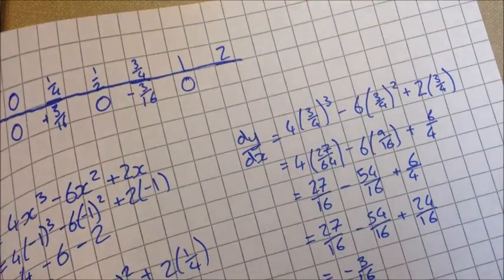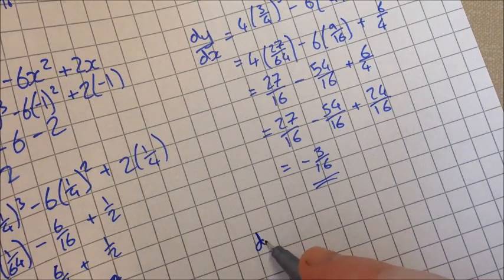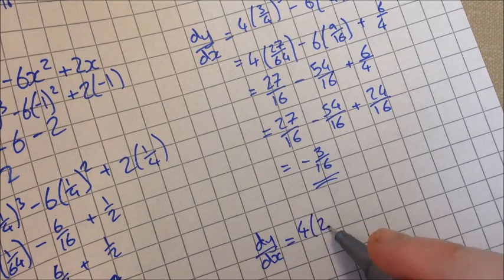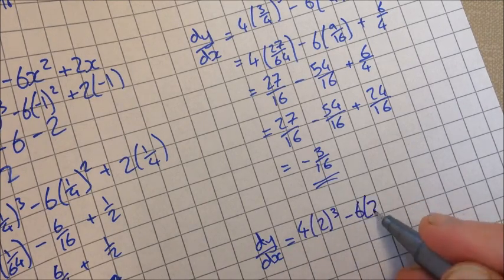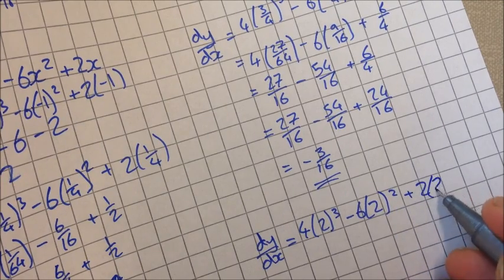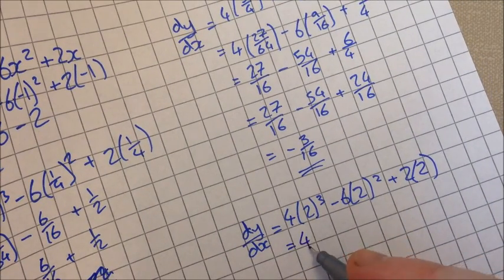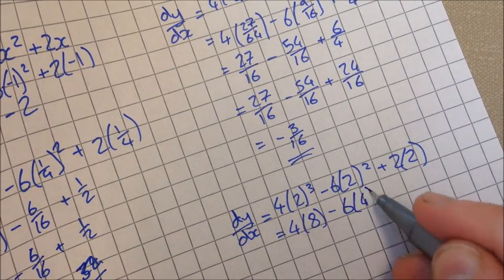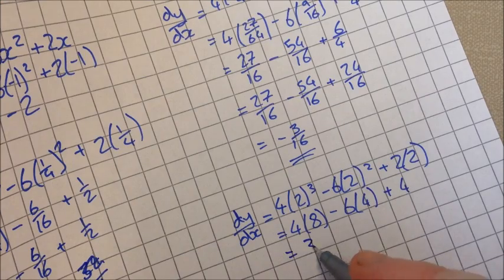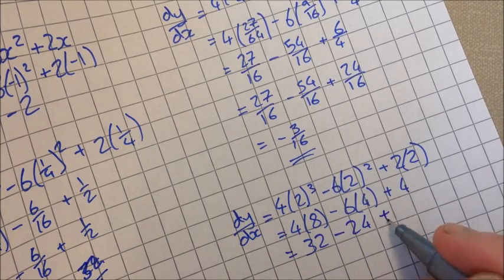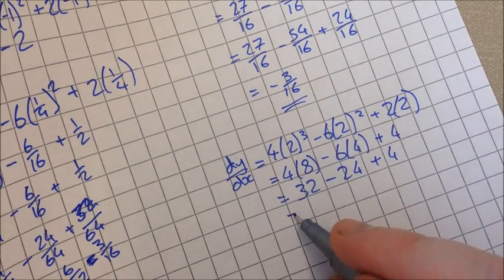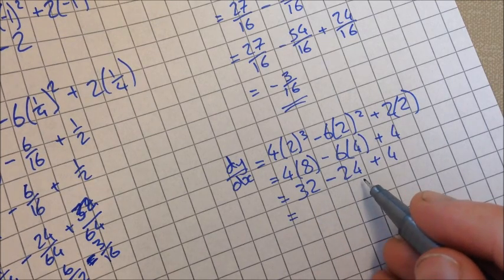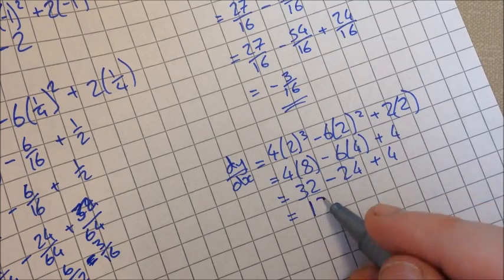Now we'll try the 2, and I'm going to go dy dx equals 4 lots of 2 cubed, take away 6 lots of 2 squared, plus 2 lots of 2. 32 take away 24 is 8 plus 4 is 12.